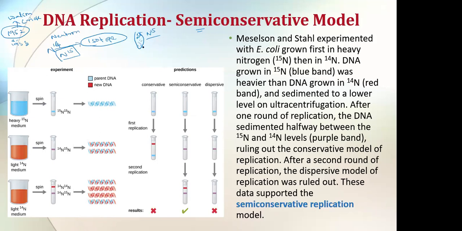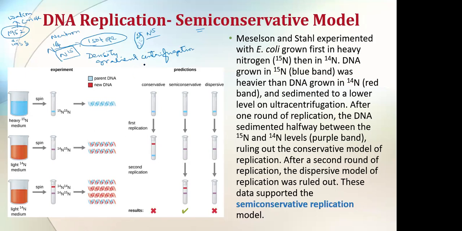Now what happened? If they do centrifugation, it's basically a density gradient centrifugation. The name of the process is density gradient centrifugation. So they spin the bacteria at a very high speed.